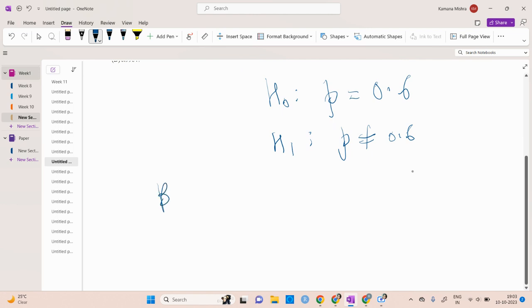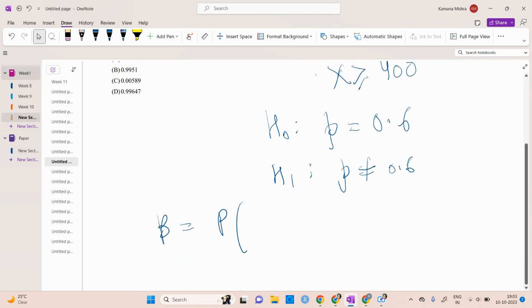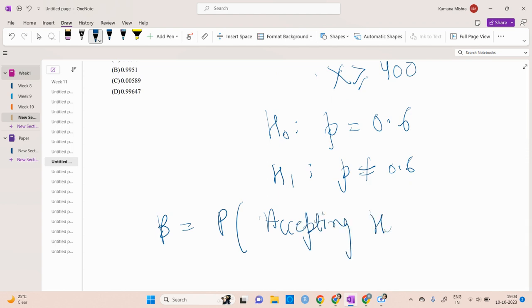So here we will take 0.75, right? So beta will be what? Probability of accepting H0 when it is false. So what we were accepting was 400.